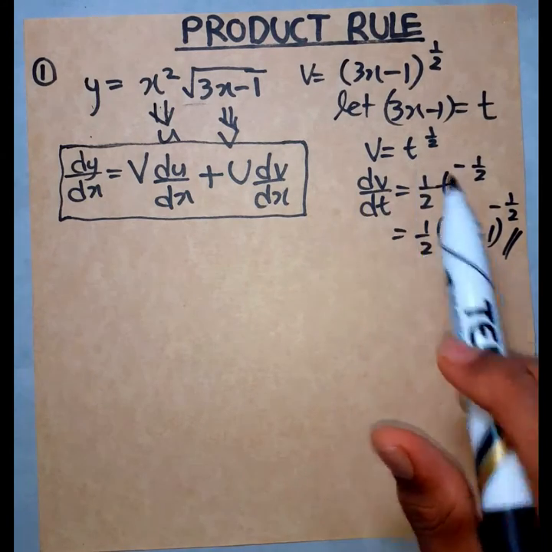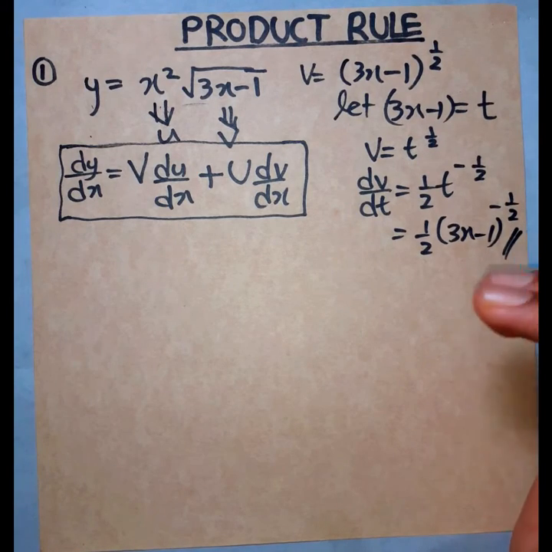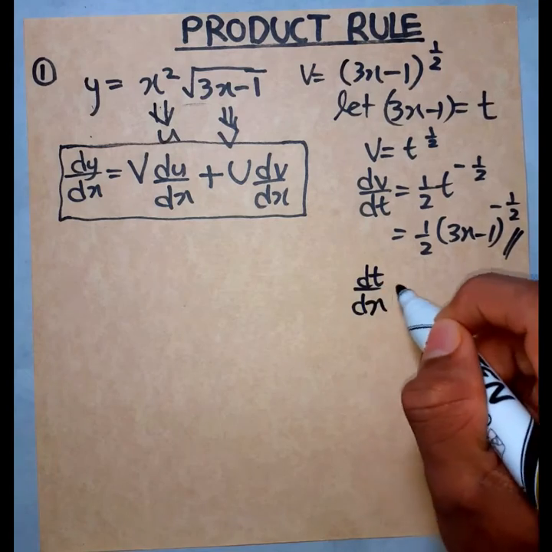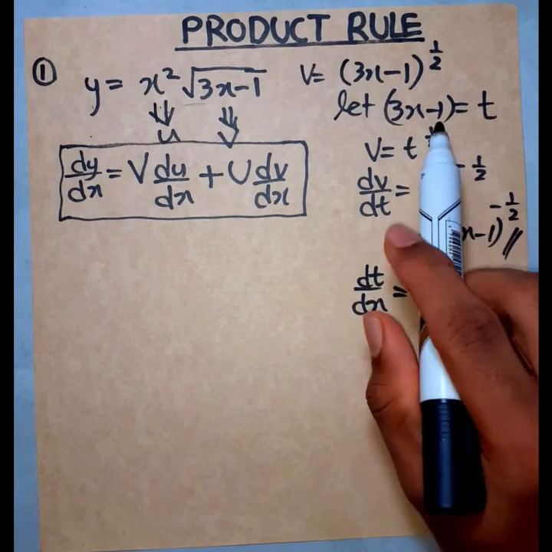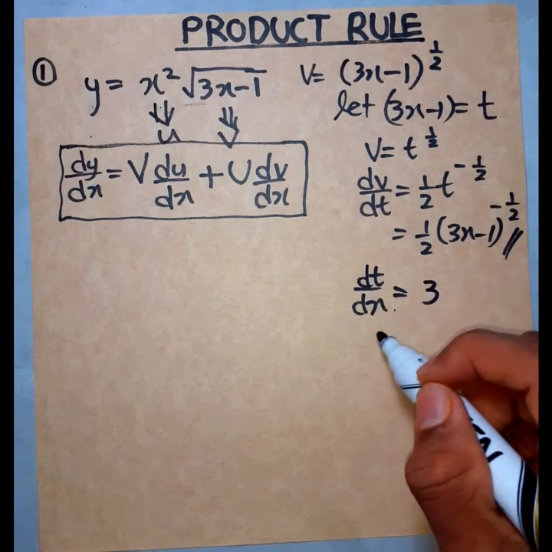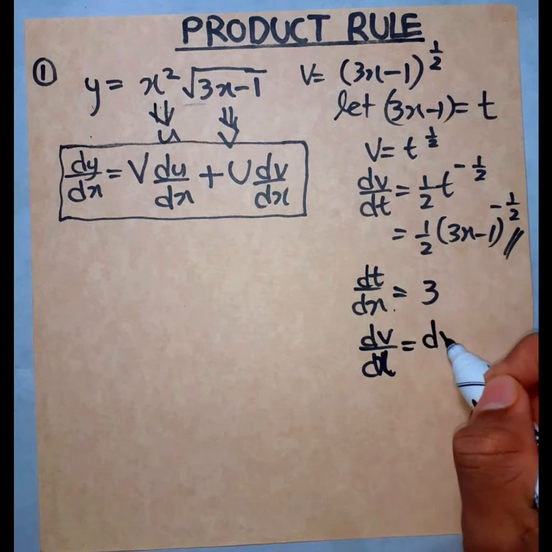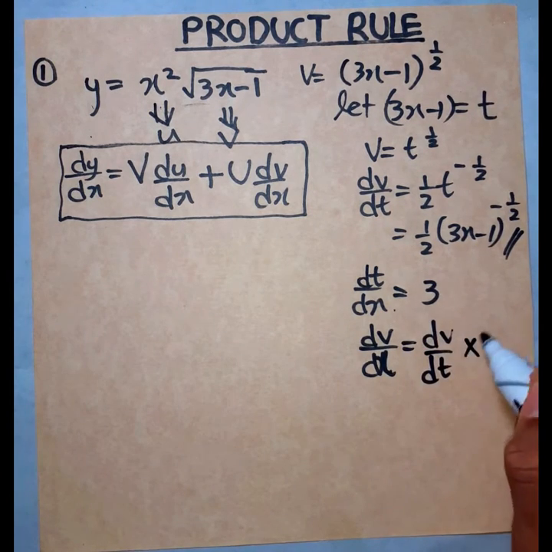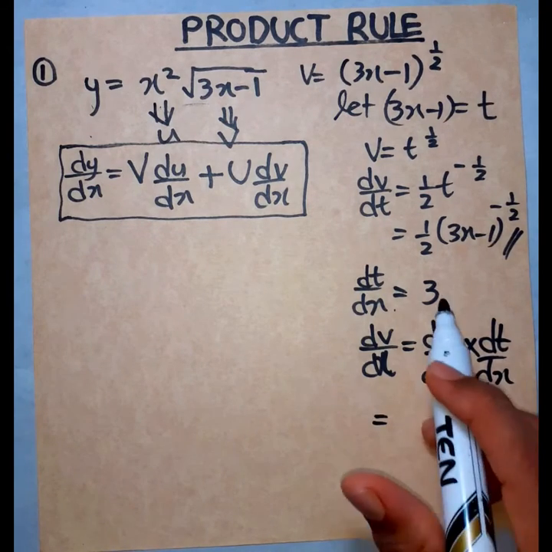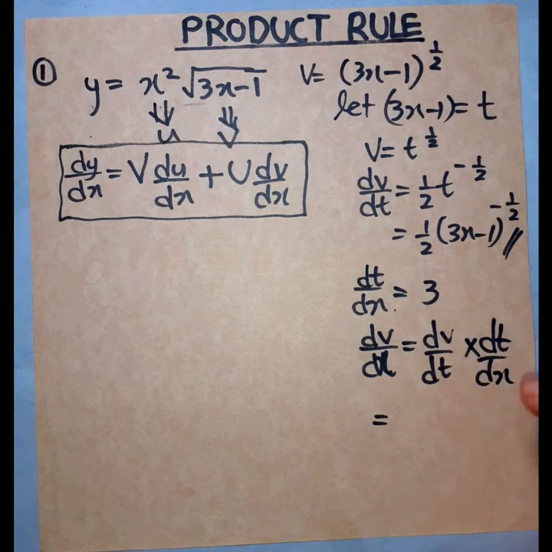So according to the chain rule, dv by dx is going to be dv over dt into dt over dx. So we find dt over dx too, which is going to be 3. When you differentiate 3x minus 1, you end up with 3. So according to the chain rule, dv over dx is going to be dv by dt into dt by dx, which is going to be this, and dt by dx is going to be 3.